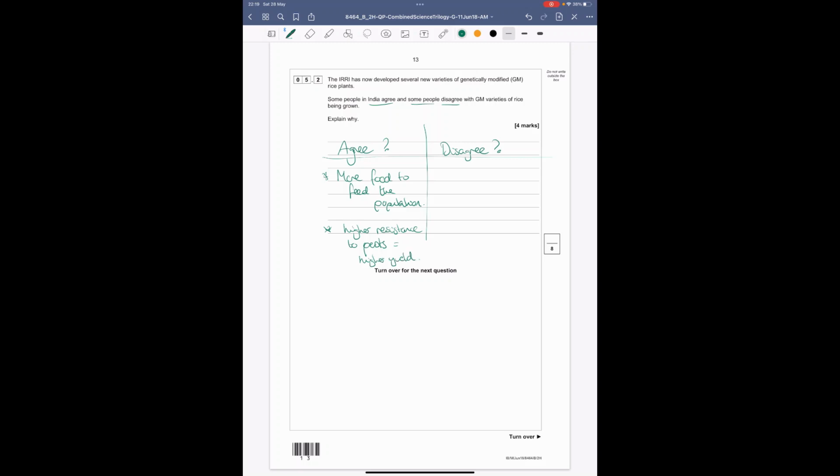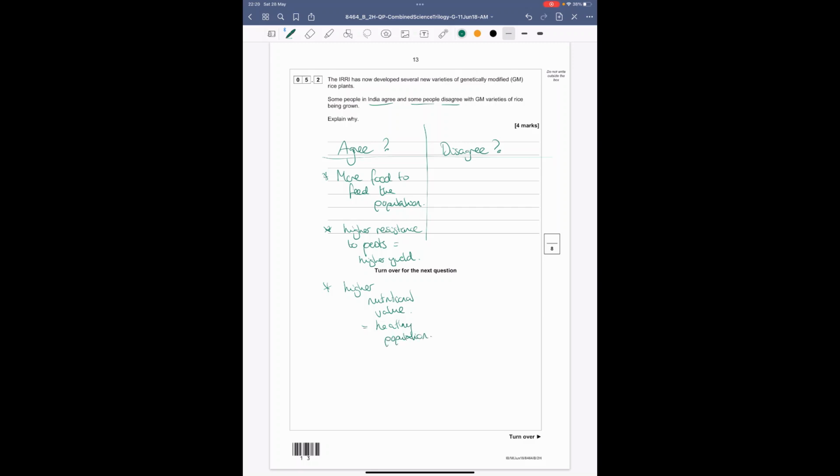So any little bugs trying to eat it, they would die themselves if they did eat the crop, so therefore the overall yield goes up. Okay, you can then also say that genetically modified crops may have a higher nutritional value, so therefore people will be healthier and have a healthier population.